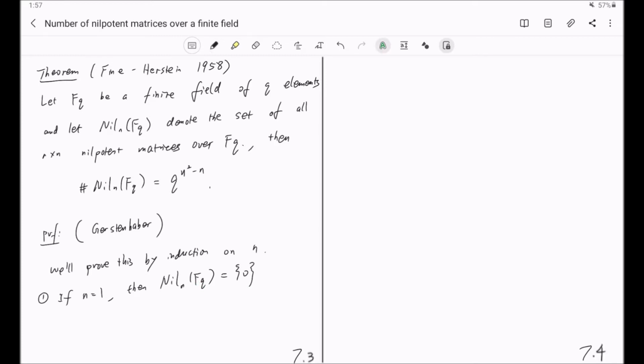Any power of any non-zero number will be non-zero. So the only element that is possibly nilpotent will be the 0 element, and the number of nilpotent matrices will just be 1. So this is a trivial case.